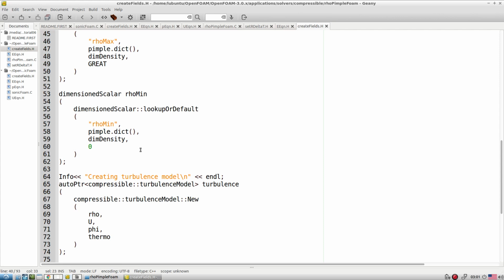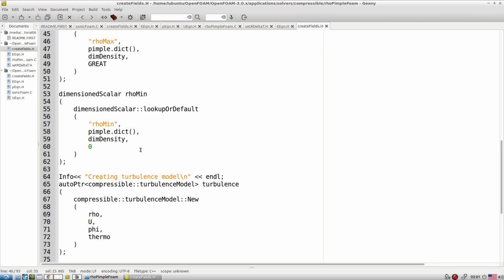Normally when we are working with compressible flow, we don't have an idea about rho. Sometimes when we are solving, when the temperature goes up and down, it will definitely affect rho as well, and at that point you see a very high change in rho. If you don't want to see that much change, then you restrict rhoMin and rhoMax. But sometimes restricting has an adverse effect, because whatever is happening physically, you try to suppress it. So sometimes we have to relax this limit and go with a larger limit.